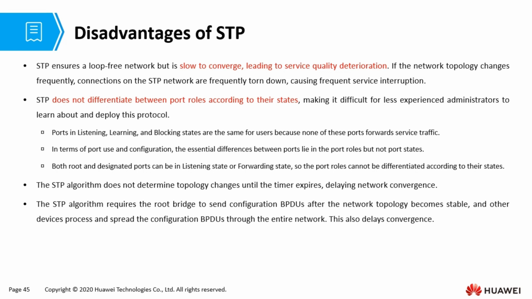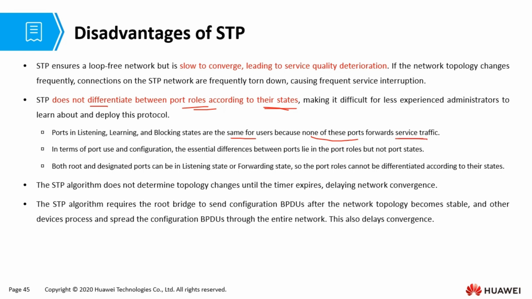Another issue under STP is that it does not differentiate the port roles according to their state. Under the listening state and the discarding state, we can see the root port and also the designated port. The states are the same for all of them because none of these ports is forwarding service traffic.